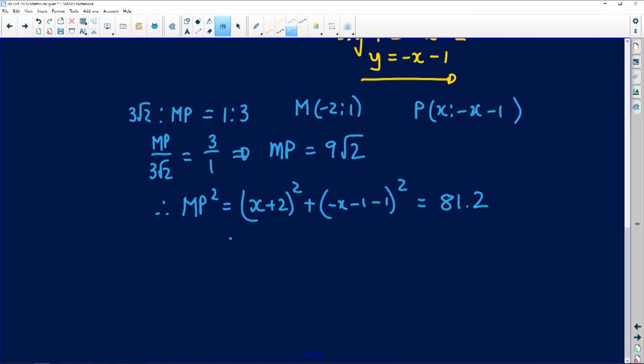Now, folks, you don't want to do unnecessary work here. You are not going to distribute those 2 brackets. Look at the brackets. Look closely at them. They are exactly the same thing. I have x plus 2 over here, which I don't want to touch. Plus, now if you remove a negative there and you square the negative, it becomes a positive.